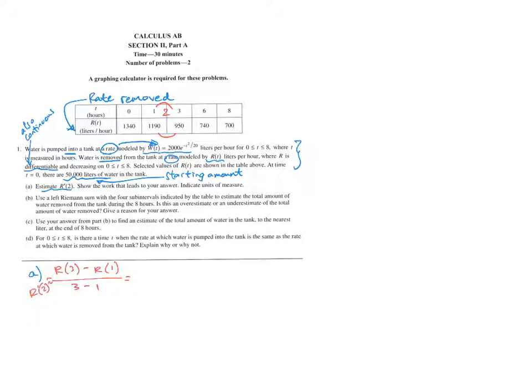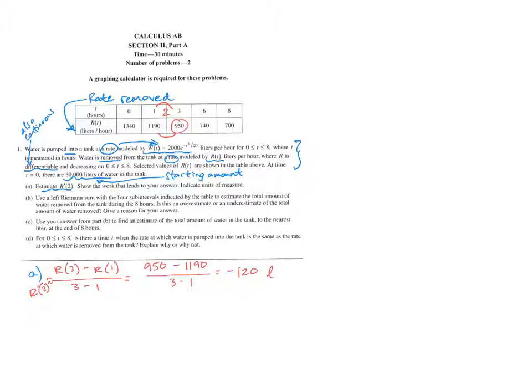R of 3 is 950, and R of 1 is 1190, over 3 minus 1. Do the math, and you get negative 120. This is a calculator question. It's question number 1, so it is a calculator question.